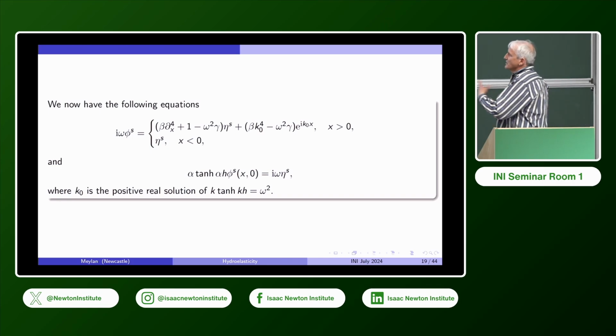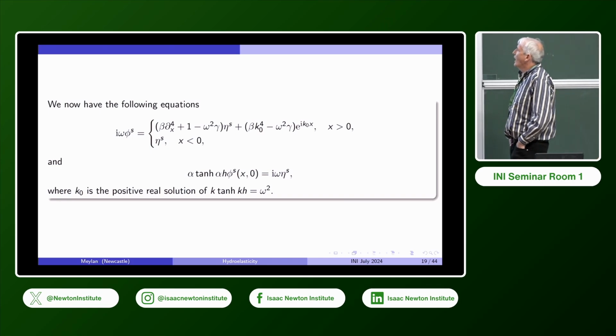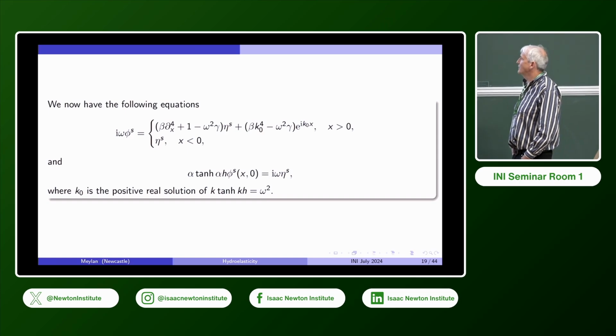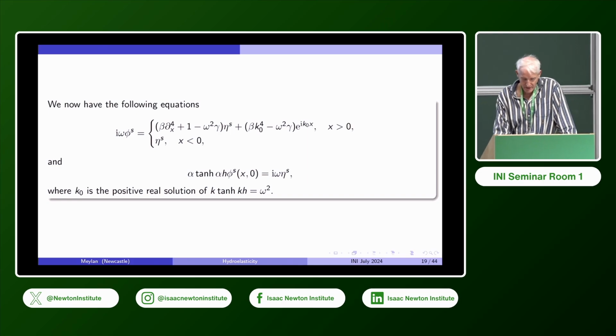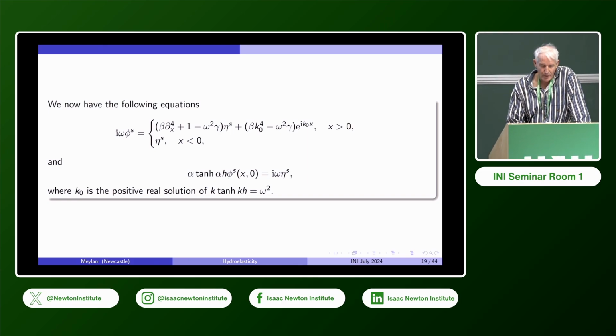So we can just basically substitute for phi and get an equation solely in eta. I'm solving in terms of the displacement of the surface, since that's the thing that I want to plot, whereas in some sense phi is the more physical variable. But you can convert from one to the other straightforwardly.